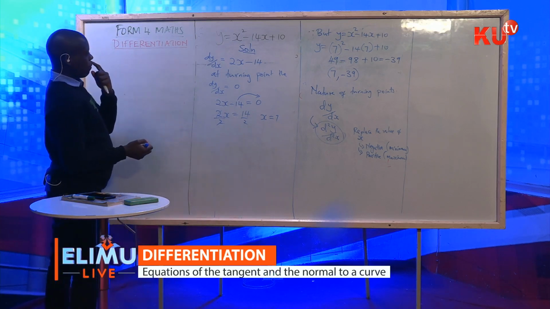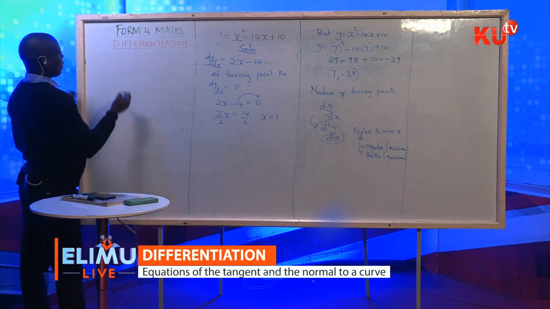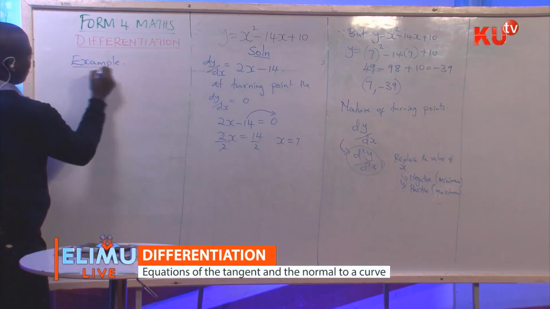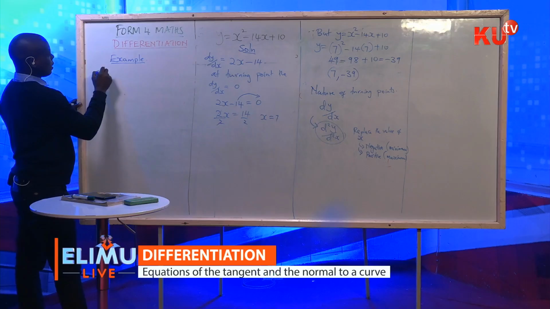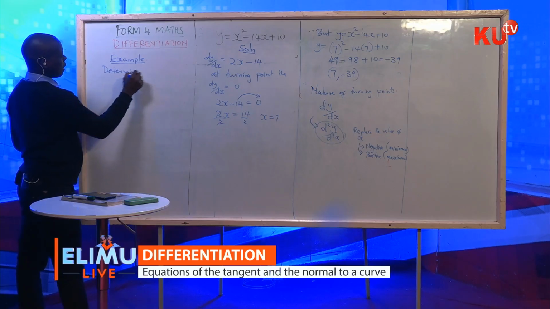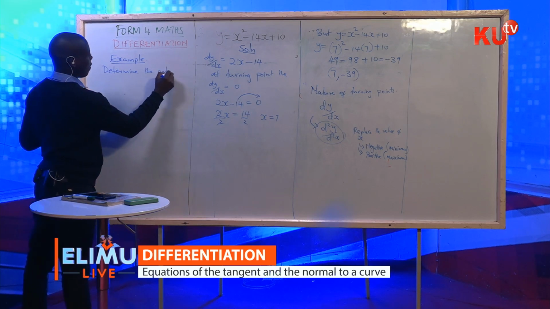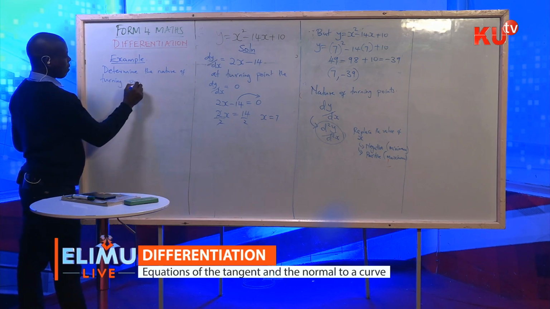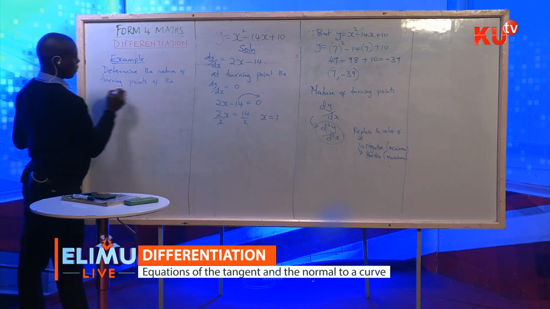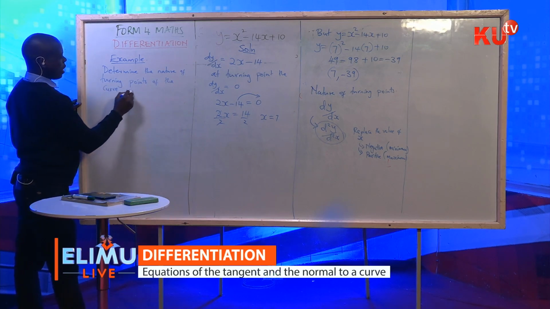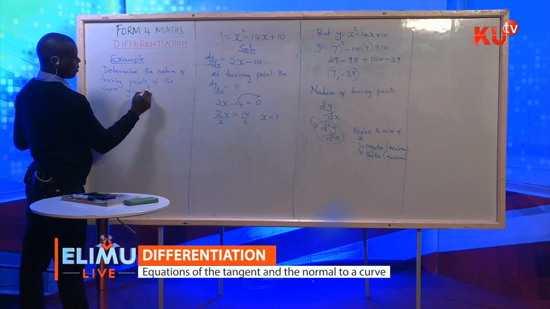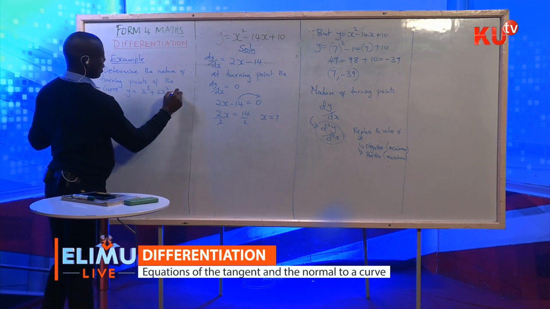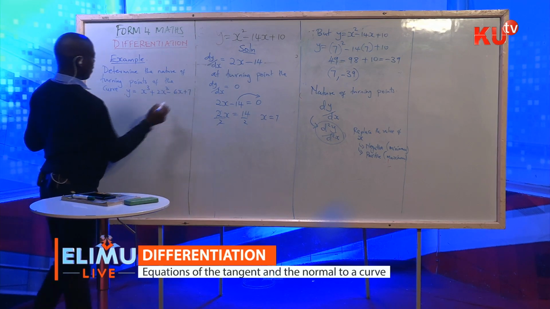When we differentiated our function, using this example, we have determined the nature of turning points of the curve y equals x cubed plus 2x squared minus 6x plus 7.